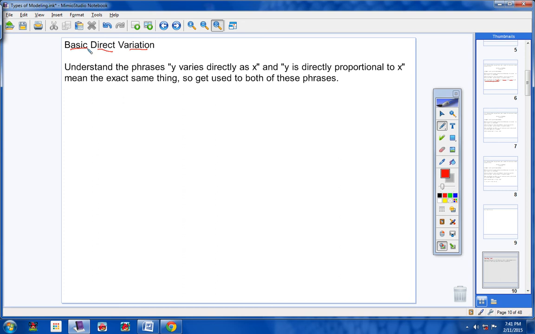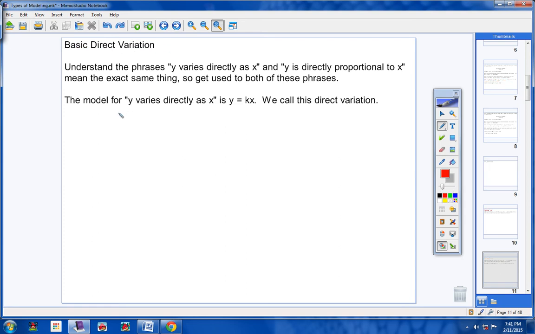Now, why am I using the word basic? Because in a little bit we're going to look at another type of direct variation dealing with exponents, so we're just calling this our basic direct variation. Now take some really good notes. If I go too fast, just pause the video. I would write these phrases down, because you need to know that when you see these phrases, it's talking about direct variation.